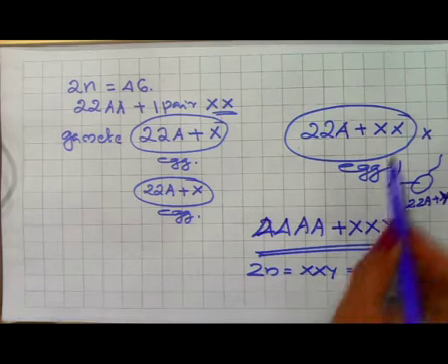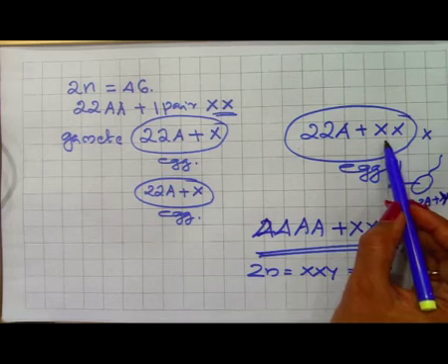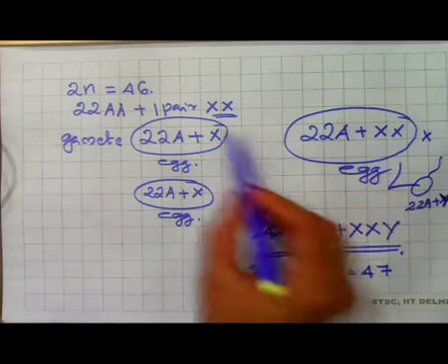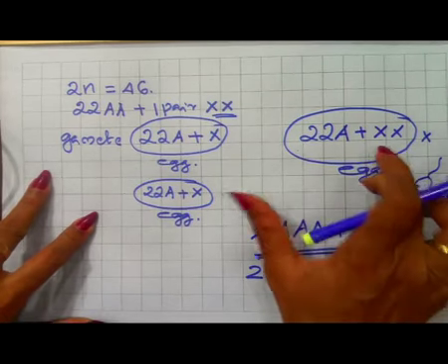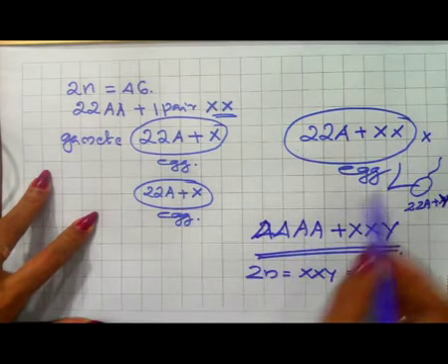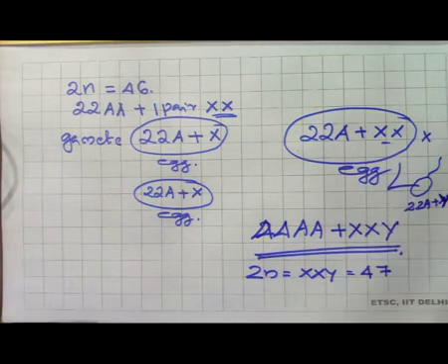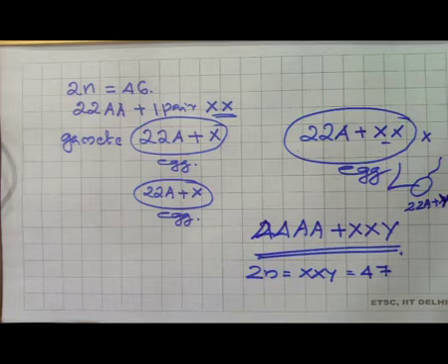So this condition, in which the homologous chromosomes move together into one gamete, is known as non-disjunction of homologous chromosomes.